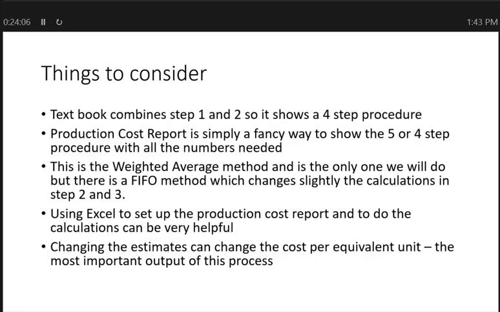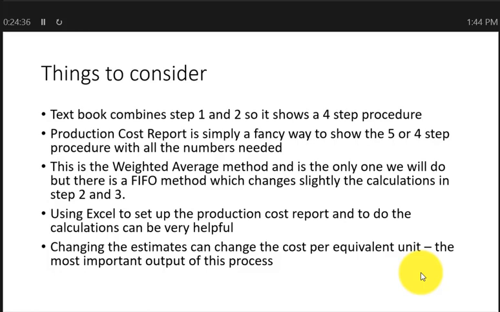So, we'll review. The textbook, as you're doing your reading, combines step 1 and 2. I kind of like those separated. So if you read it in your textbook, it'll be a 4-step procedure because they combine 1 and 2. I think it's a little clearer if you break those into 2 steps, but it's really the same process.